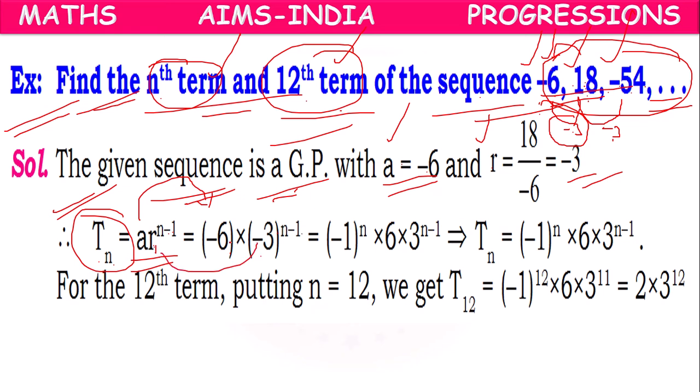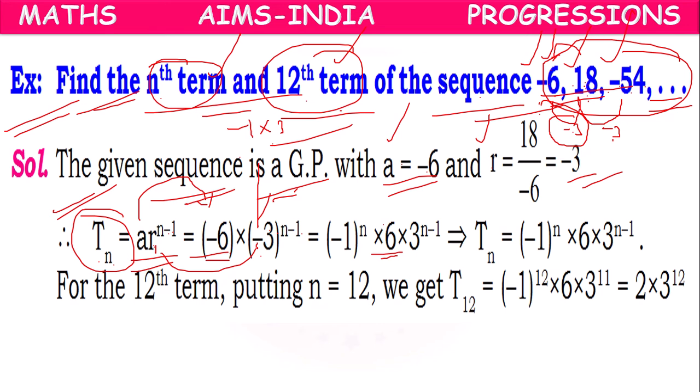Here the value of a is minus 6. For this minus 3, we write minus 3 as minus 1 into 3.